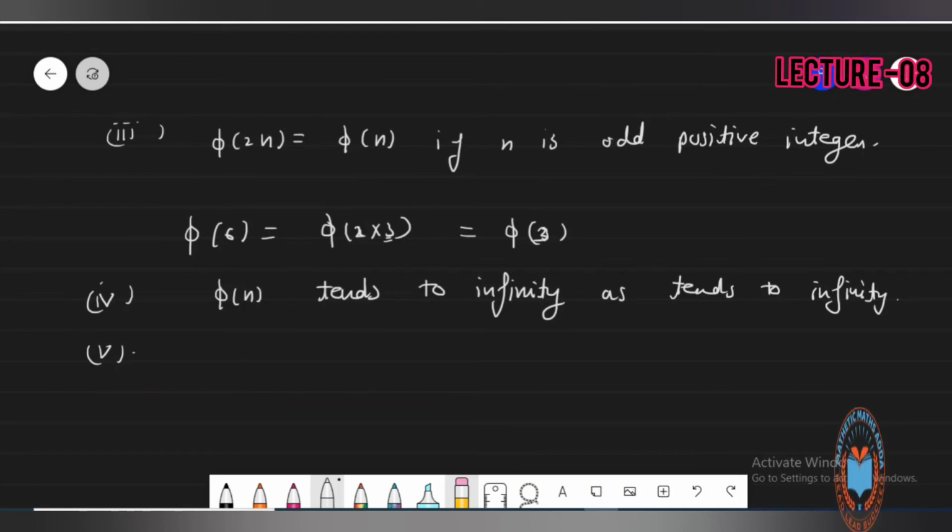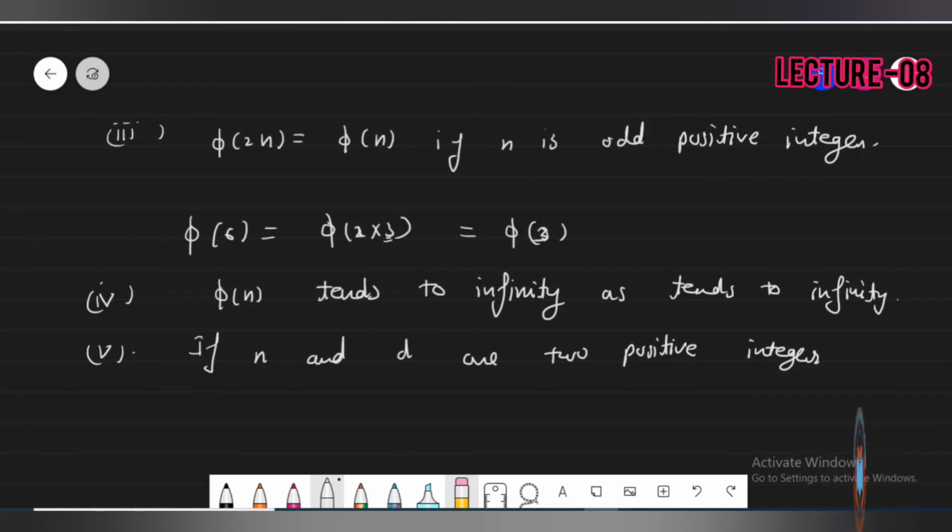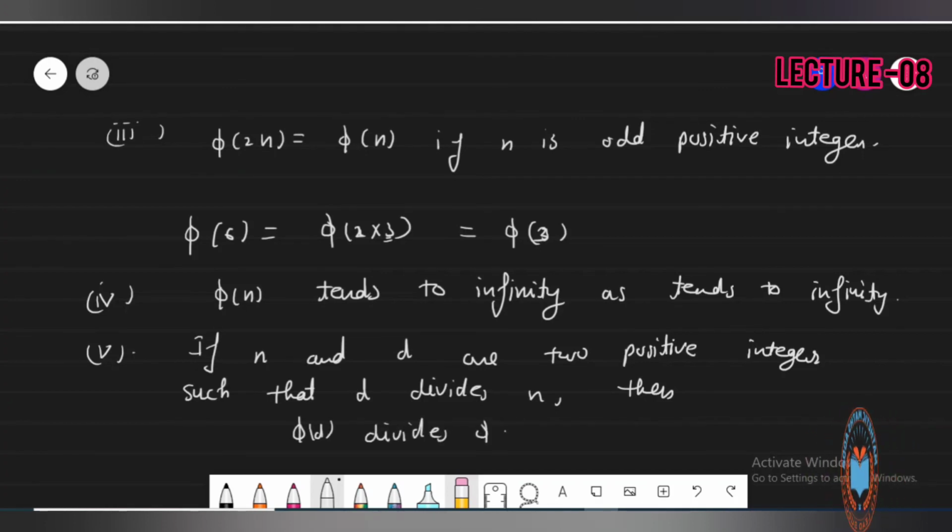Next point is, if n and d are two positive integers such that d divides n, then phi(d) divides phi(n).